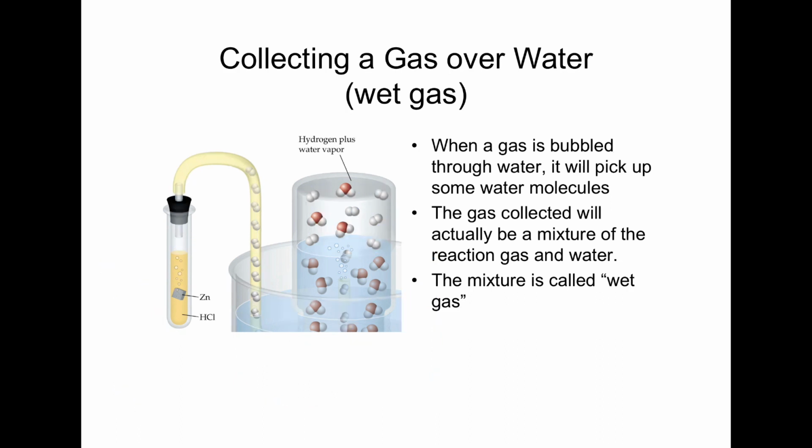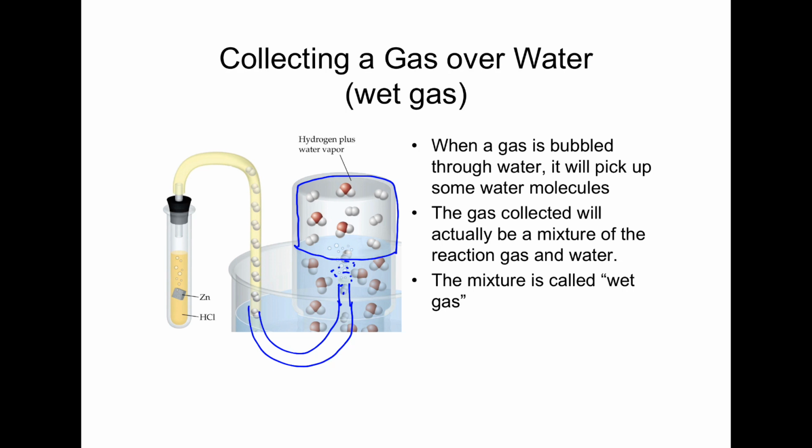Now, there's a little problem with this. So this is the inlet of this tube here. And it's not really a problem. It's just something that we have to take into consideration. Anytime you bubble up a gas through water, it actually grabs some of the water on its way up. And so when we say that this volume up here contains just our hydrogen gas, that's not true.